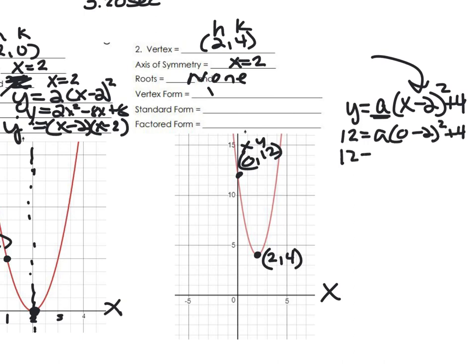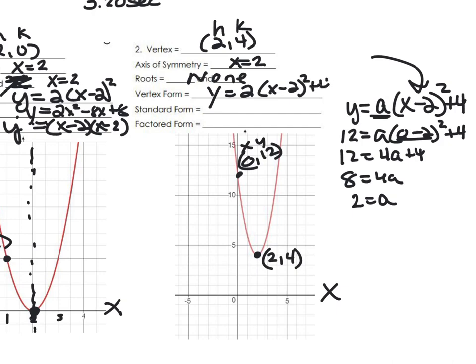So 12 equals, that would be 4a plus 4. So I subtract 4 and I get 8 equals 4a. So 2 equals a. So my vertex form will be y equals a, which is 2, times x minus 2 squared plus 4.